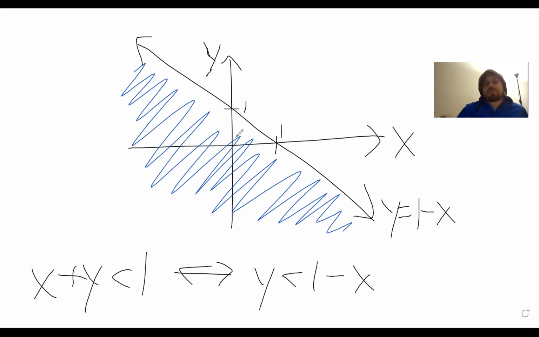Okay, so the shaded region is the region satisfied by this inequality.